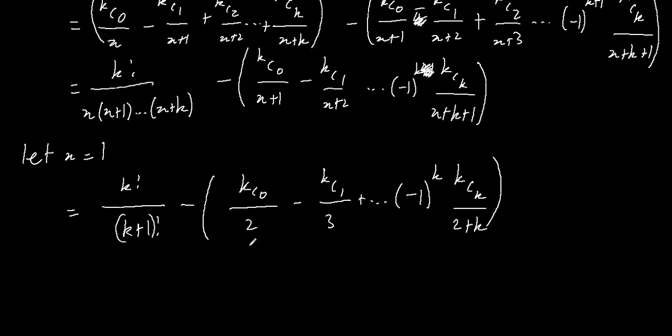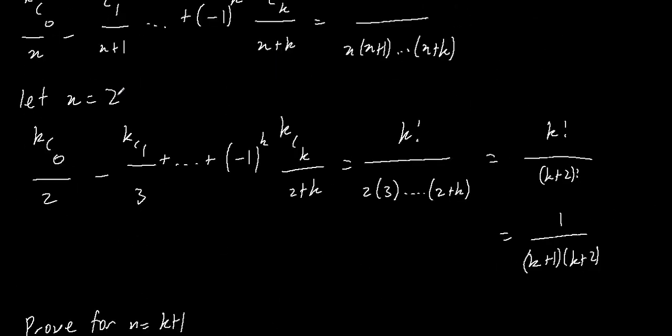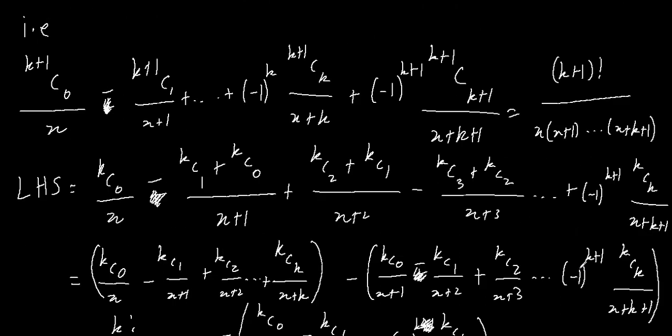Now what's so cool about this right-hand part is you see this assumption where we let x equal 2. This is where this comes in. kC0 over 2 minus kC1 over 3 plus, plus minus 1 to the k, kCk over 2 plus k, is equal to 1 over k plus 1, k plus 2.